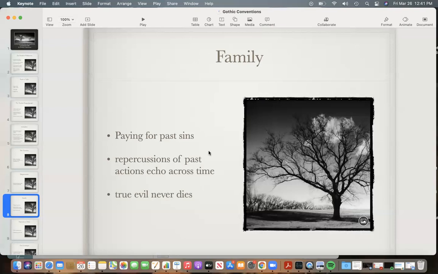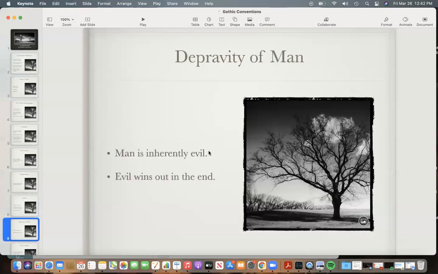And so any baby that was born would have something terrible happen to them. No one would ever be happy. No one would ever be able to find love and fulfillment because they were paying for the sins of this grandfather. That's a good example. It's not necessarily Gothic in that case, but that's a Gothic idea.